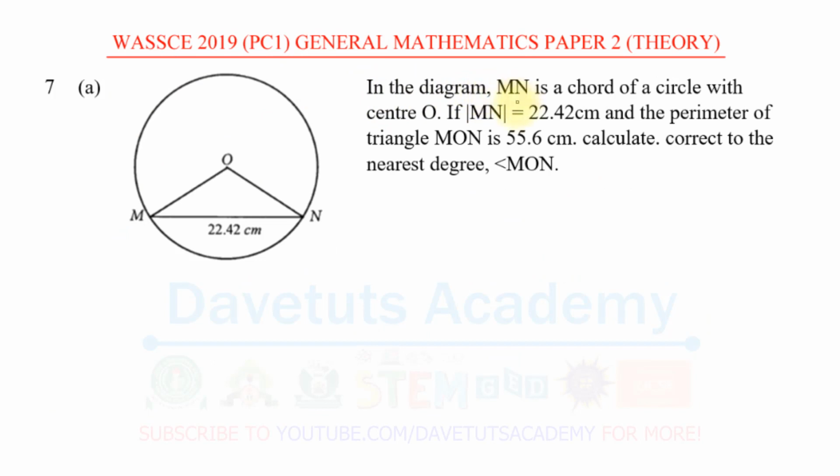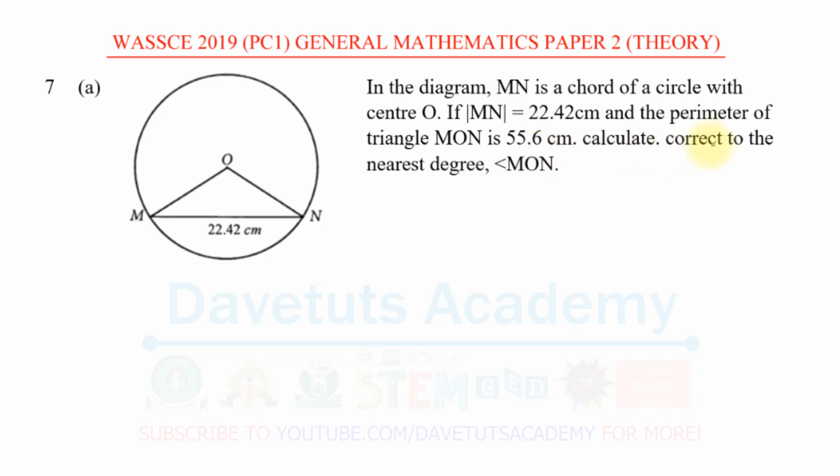In this diagram, we are given that MN is a chord of the circle with center O, and if the size of MN was given as 22.42 centimeters and the perimeter of the triangle MON, this triangle, the perimeter is 55.6 centimeters.